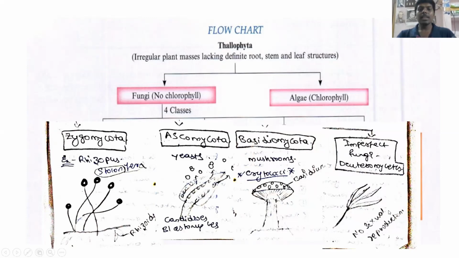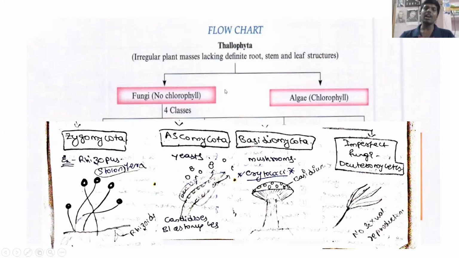So this is the taxonomical classification of fungi. According to taxonomical classification, fungi are kept under the phylum Thallophyta. In Thallophyta, all these organisms have irregular plant masses, and they don't have root, stem, and leaf. In Thallophyta, there are two types: fungi and algae. Algae have chlorophyll and fungi don't have chlorophyll.